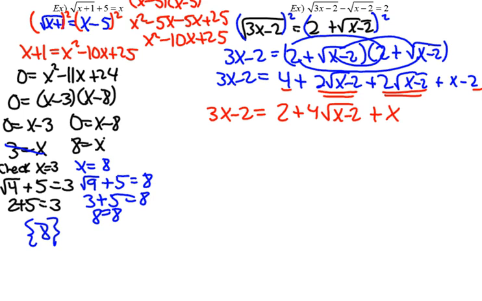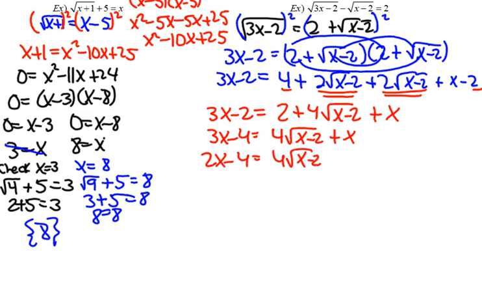Now remember, the goal is to get the radical by itself. So I'm going to subtract the 2 and subtract the x. Now, I could divide both sides by 4, but it'd be a fraction on the other side. So what I'm going to decide to do at this particular stage is to square both sides right now, even though the 4 is already with the radical.